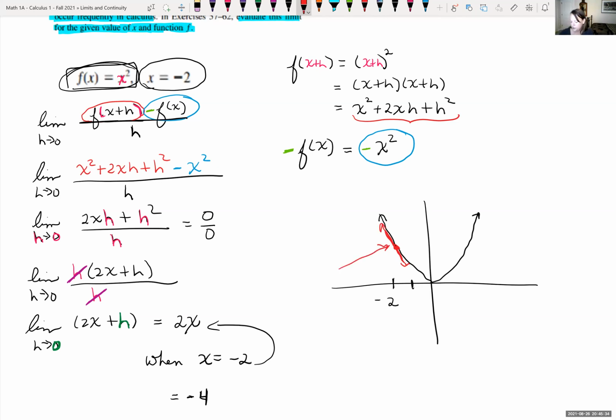So the slope here is negative 4. Which makes sense if you look at that parabola, that's decreasing there at x equals negative 2. So it's good that our slope is negative. If we had gotten it positive, then there would be something wrong there.